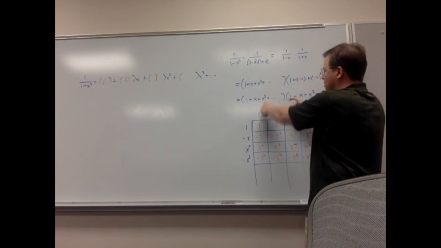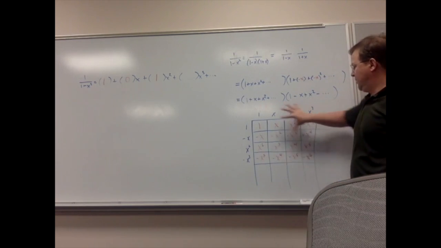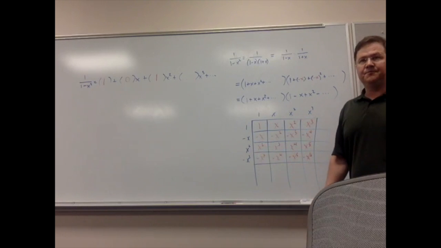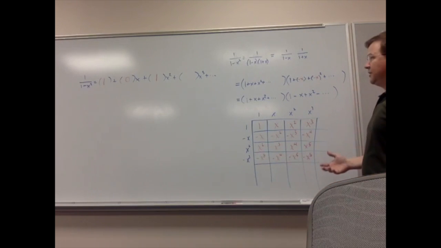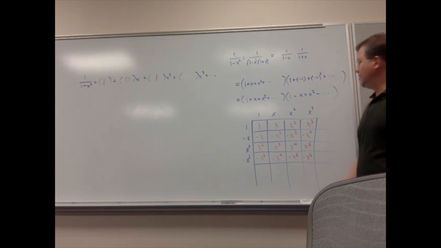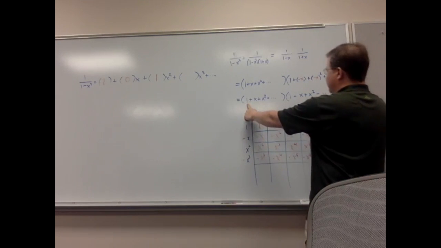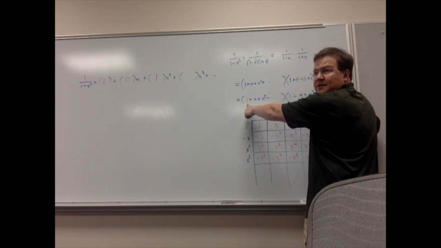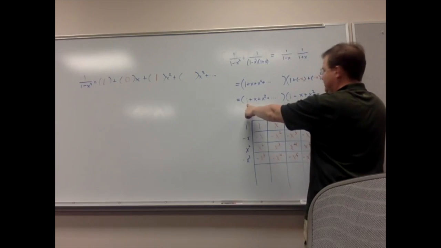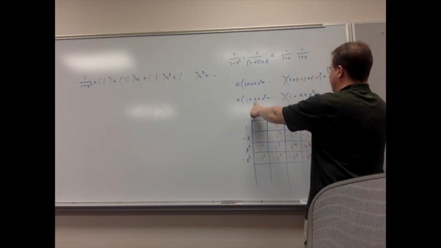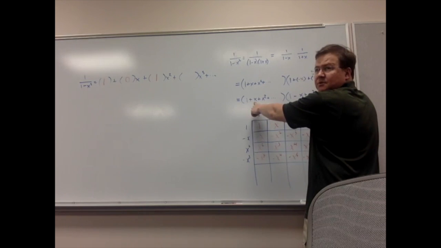If you want to bypass the table, this is your thinking. I'm trying to find the coefficient for the x cubed term. Well, it's going to be 1 times negative x cubed. That's an x cubed term. It's x times x squared, that's positive x cubed.